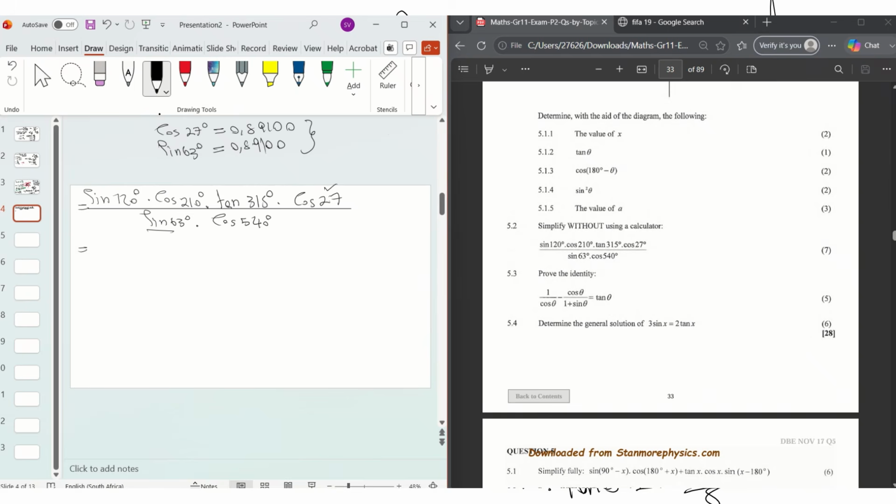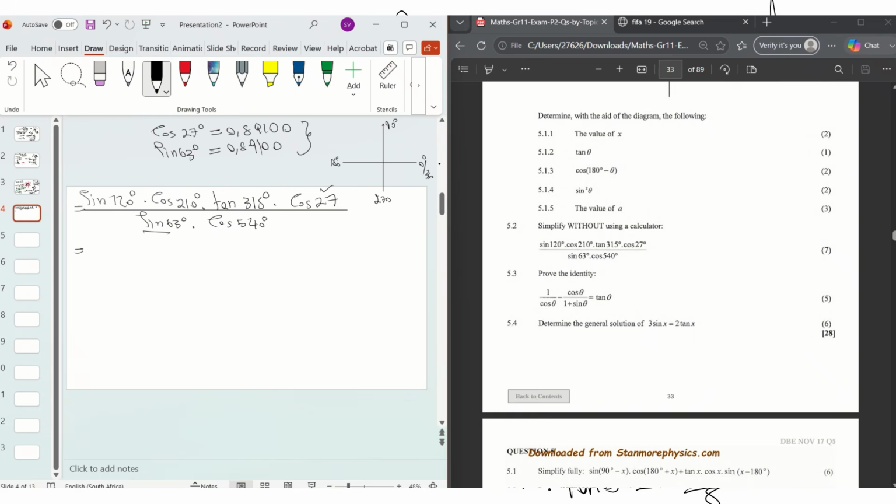So what you can do, let's first reduce 120. What I normally do, guys, to make things easier for you, is I always construct this Cartesian plane. I put in my labels 0, 90, 180, 270, and then 360 again. So I know that the first quadrant is 90 degrees plus theta, and also 360 degrees plus theta.